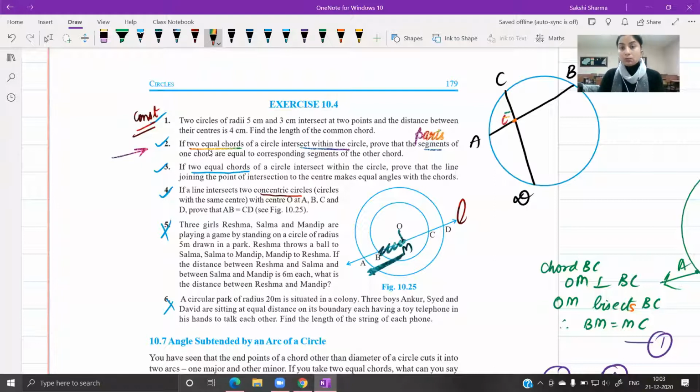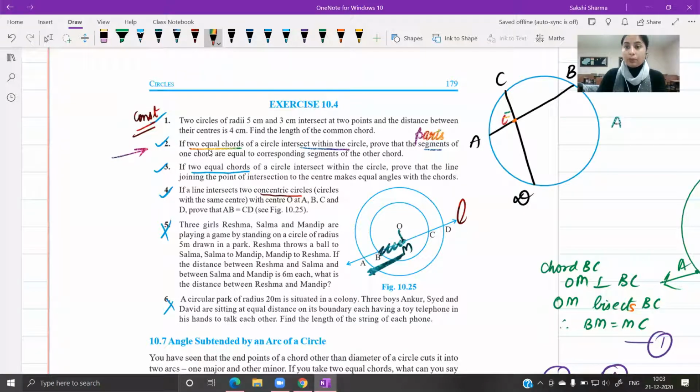One part is smaller and the other part is larger. You have to prove that if the chords are originally equal in length, then the corresponding parts will also be equal. Means the smaller part of chord AB will be equal to the smaller part of chord CD, and the larger part of chord AB will be equal to the larger part of chord CD.